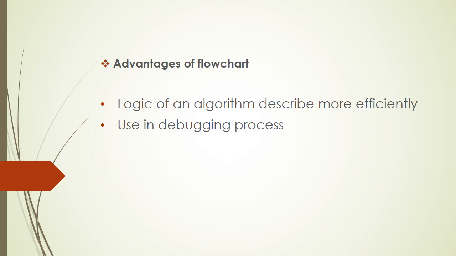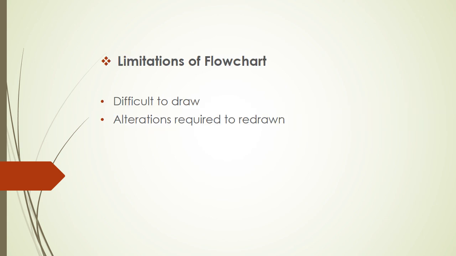Efficient coding: the flowchart acts as a guide during the system analysis and program development phase. Proper debugging: the flowchart helps in the debugging process. Manipulating the operation of the program becomes easy with the help of a flowchart. It helps programmers put effort more efficiently into the program.